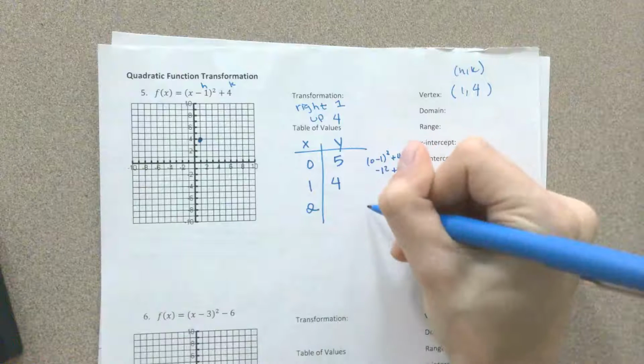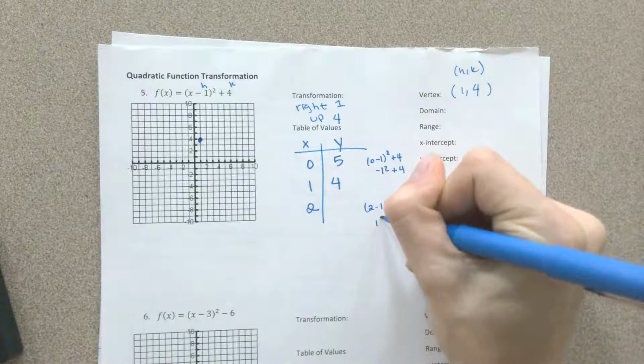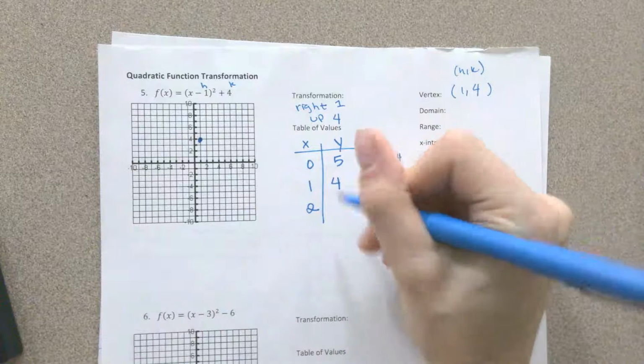And in this case, I have 2 minus 1 squared plus 4, which gives me 1 squared plus 4, which gives me 5.